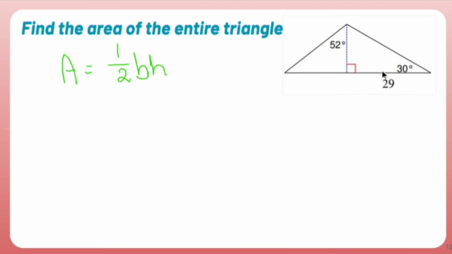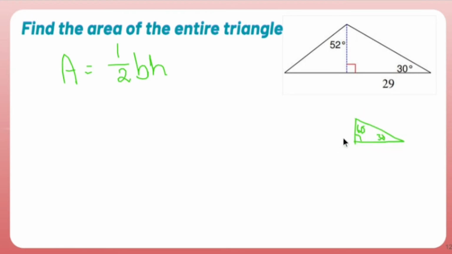Now, I'm going to cheat a little bit. All right, and please don't get mad at me. This guy right here is a 30, 60, 90 triangle.